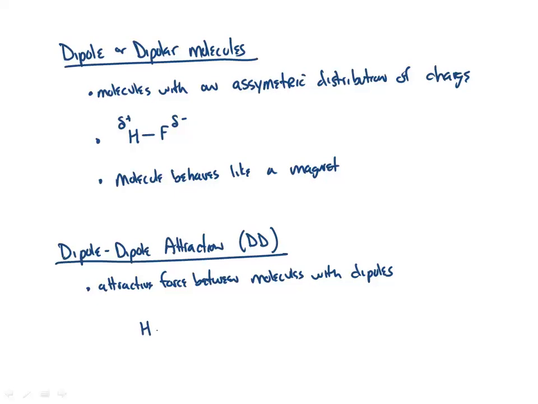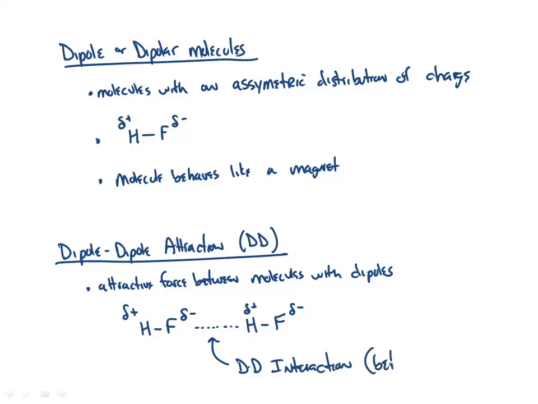And so the idea is that if I have a hydrogen fluoride molecule and it's got one end that's slightly negative and one end that's slightly positive, that's going to be attracted to another molecule that has one end slightly negative and one end slightly positive. So this is what we call a dipole-dipole interaction. And it's between molecules.